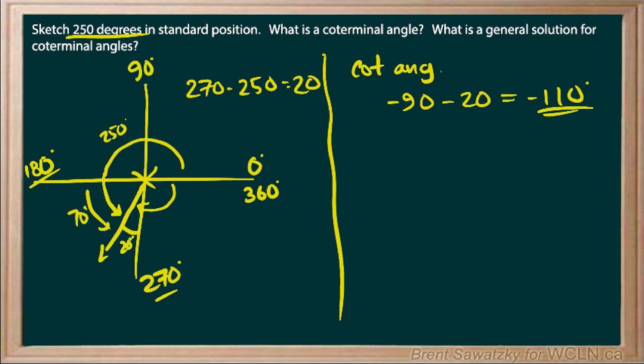Could it be something else? Of course. And so we'll get into the general solution to talk about what all the different coterminal angles we could have used as examples. So the general solution would be, and let's just call it theta, is equal to, and we could do it this way. What did we start with? 250 degrees.